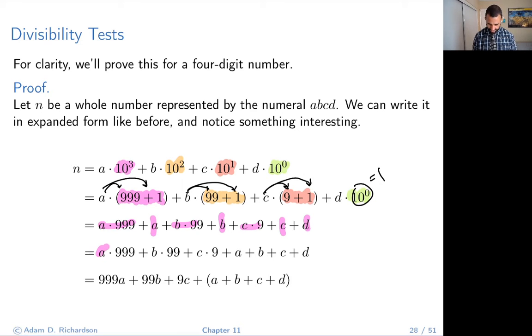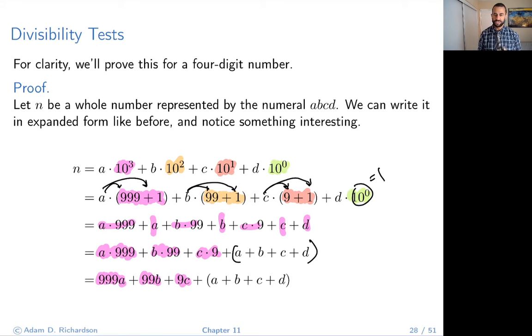A times 99, B times 99, C times 9, and then we just have all of these little individuals over here. The very last line is just me minimizing the notation. So this is still 999 times A, 99 times B, 9 times C, and then that collection, all right?